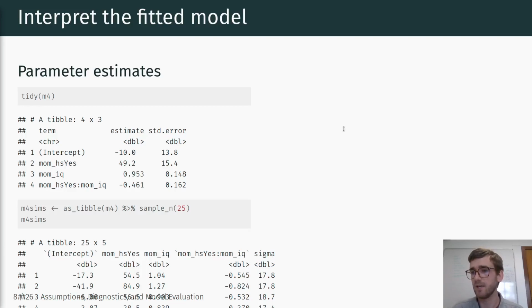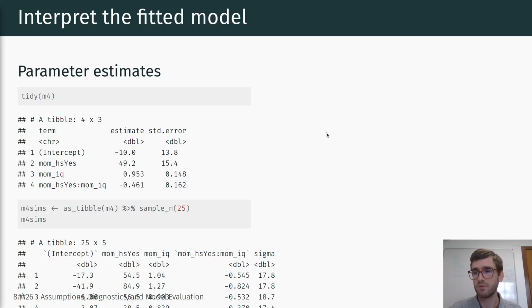Okay. In terms of interpreting the model fit and evaluating how well the model actually fits the data, the first thing we want to do is look at the parameter estimates and then ultimately plot the data and the fitted model.